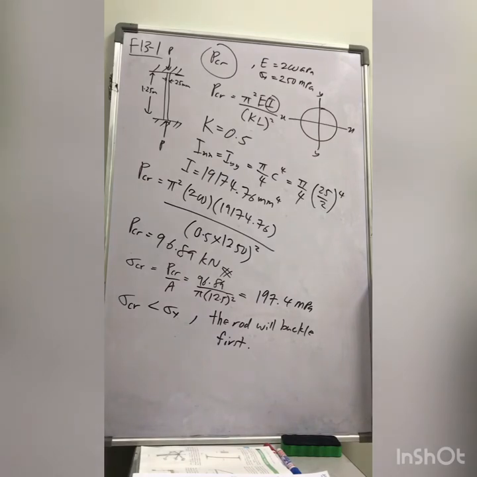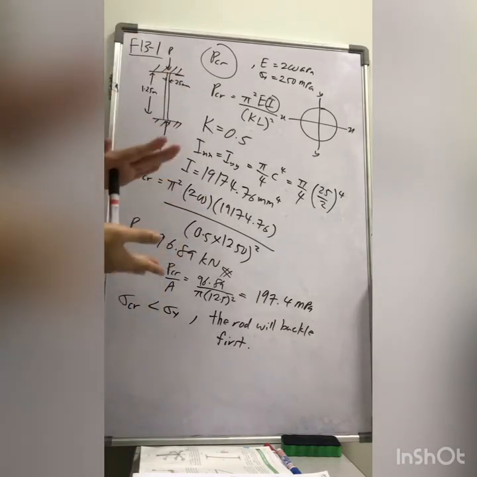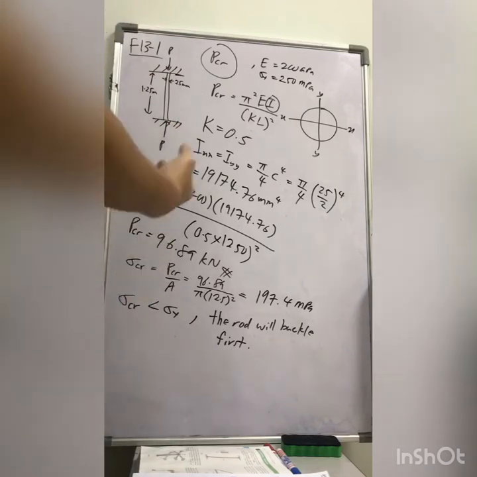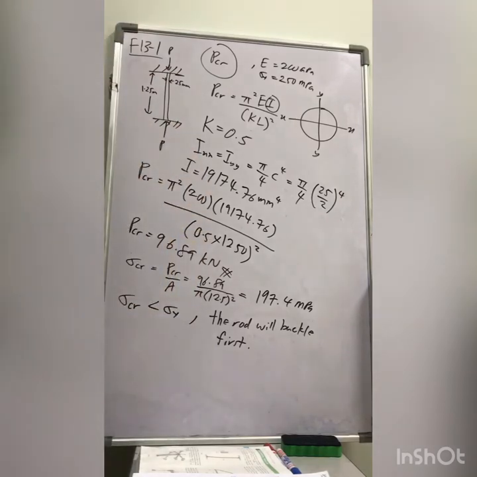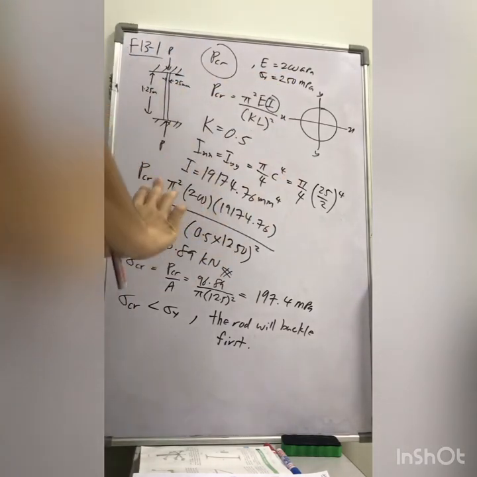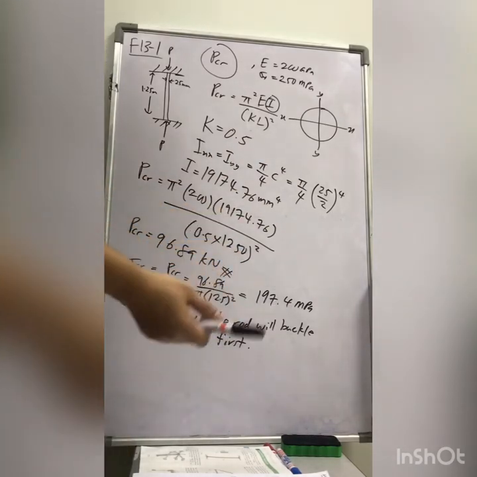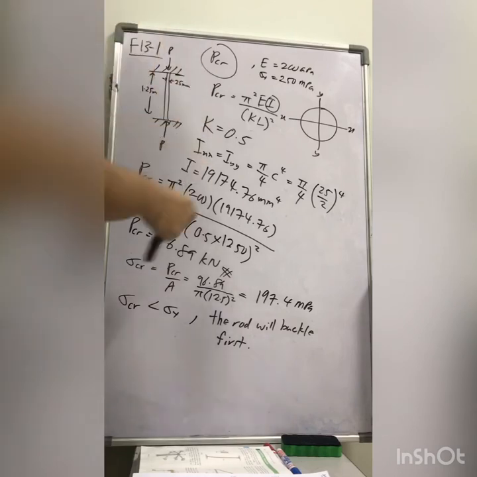Why is this important to check? When you apply an axial load on the column, there are two possible failure modes. One is when the yield strength is reached, the one you have learned throughout this MOM course. Another is the one we learn in this chapter, the buckling load.